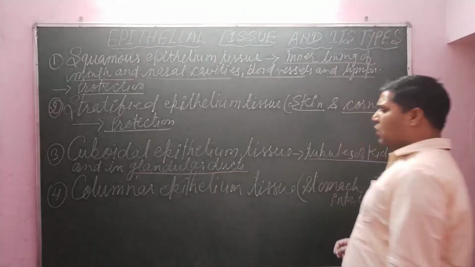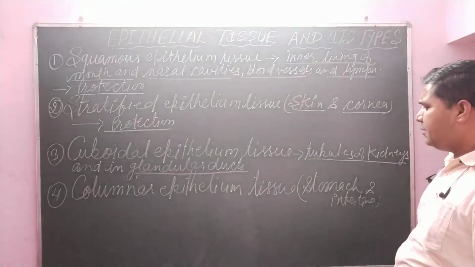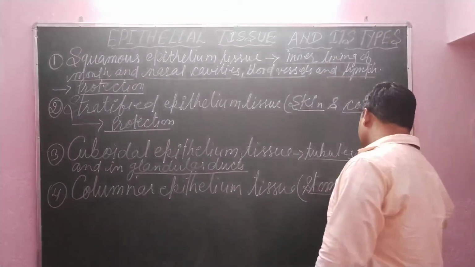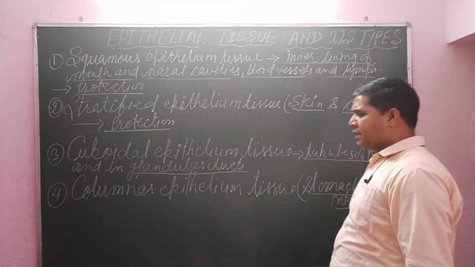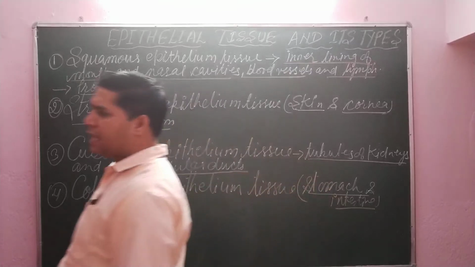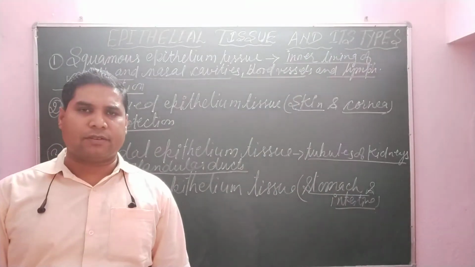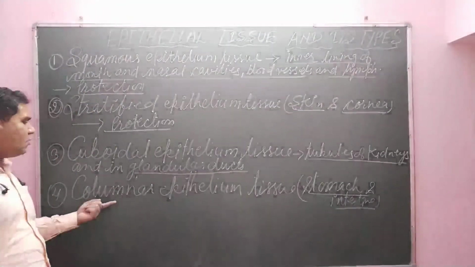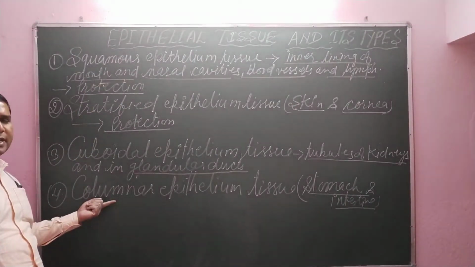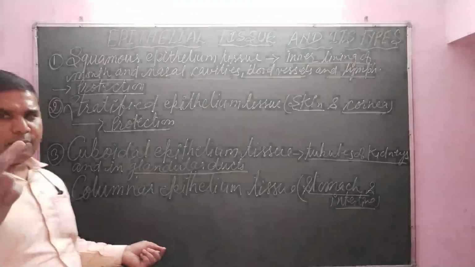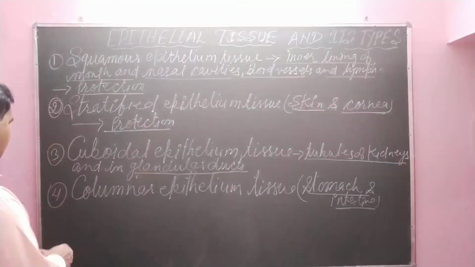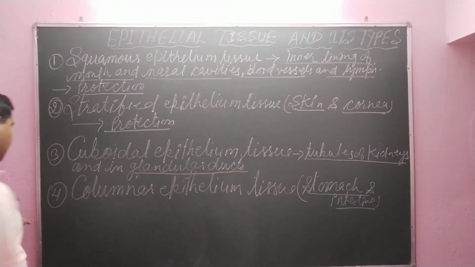So this is the location of the columnar epithelium tissue, stomach and intestine, and the main function of the columnar epithelium is protection and secretion, dear student. Also, columnar epithelium is further divided into two types. So let us know about the types of the columnar epithelium.